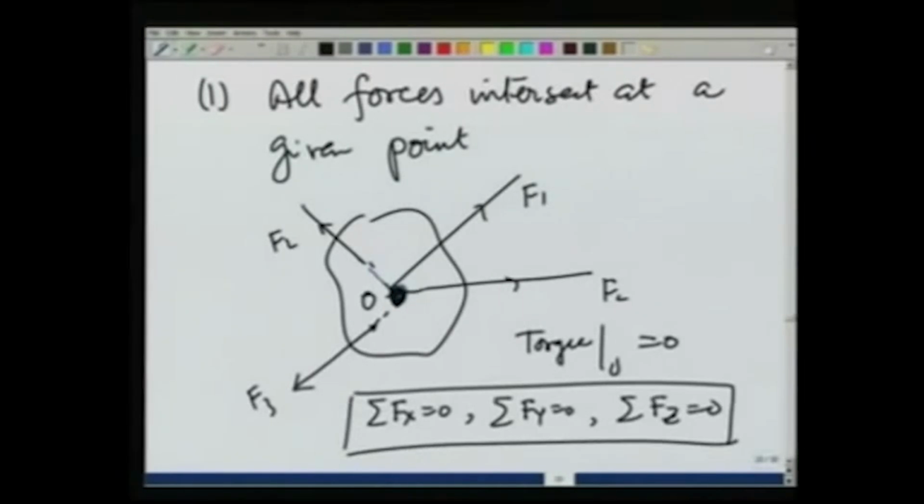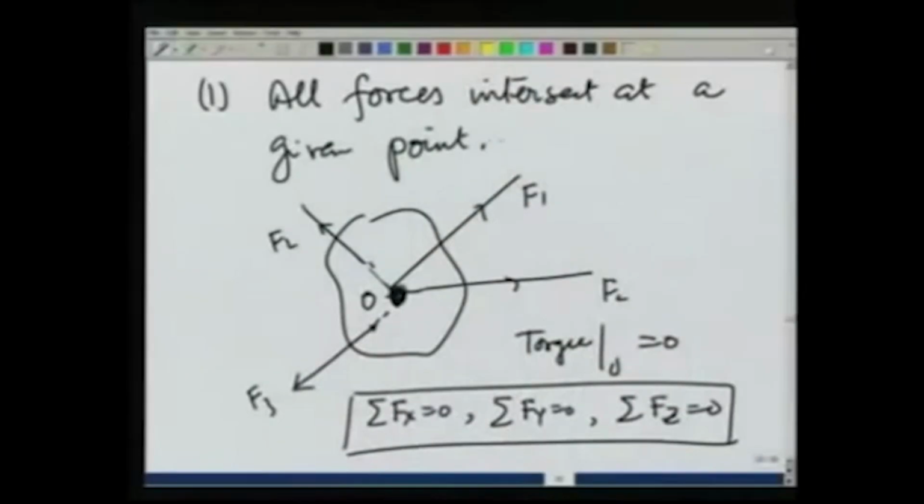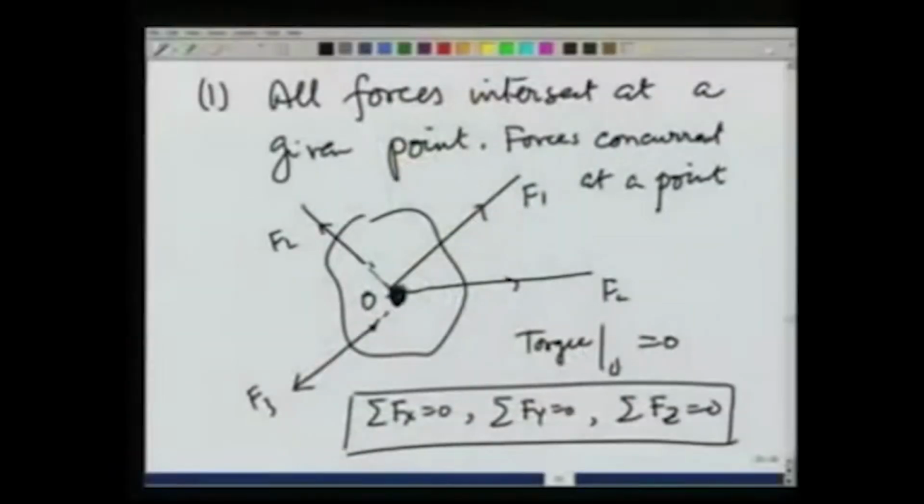The forces that intersect at a particular point are known as forces concurrent at a point. So, for forces concurrent at a point, the only equilibrium condition is summation f x equal to 0, summation f y equal to 0, and summation f z equal to 0.